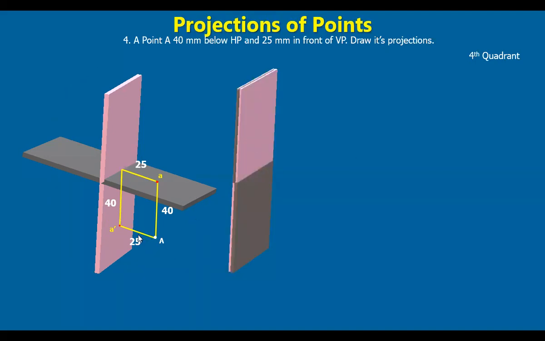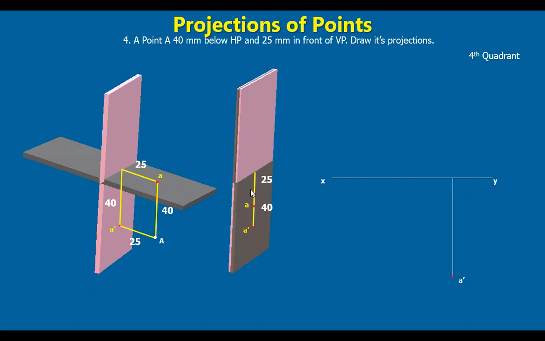Got it? The front view is below the reference line. The top view is here on the horizontal plane, but rotating, this also goes down. So A dash is at a distance of 40 mm. This is 40, and from here to here, this is 25.